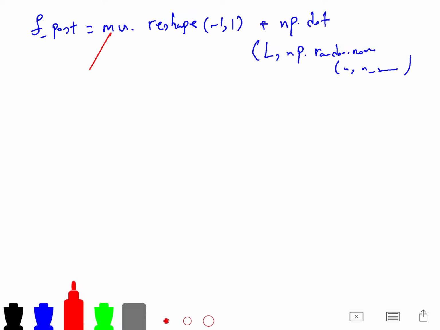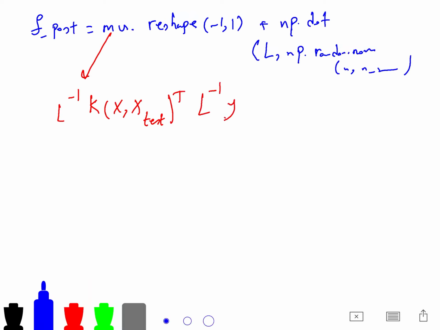So mu is just L minus 1 K of x and x test, transpose, L minus 1 Y, because this is just your M, and I use the fact that if you multiply A and B and take the transpose of that matrix, it is just B transpose A transpose.